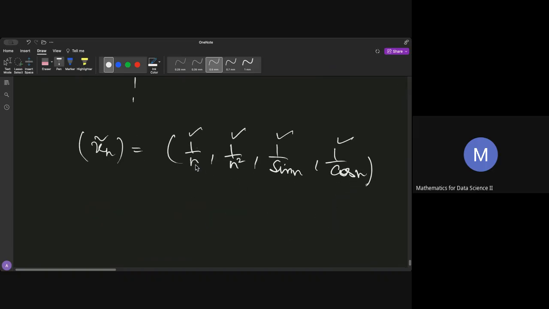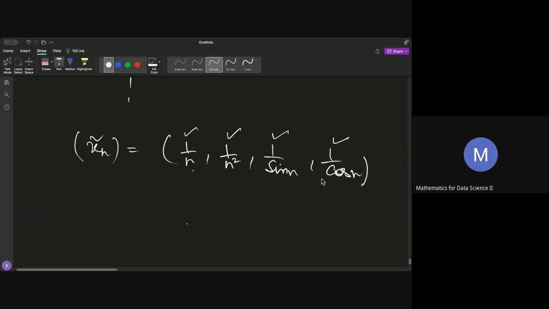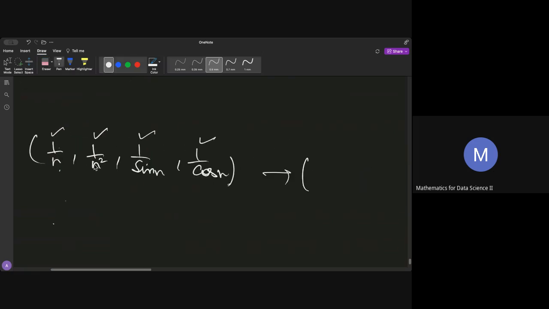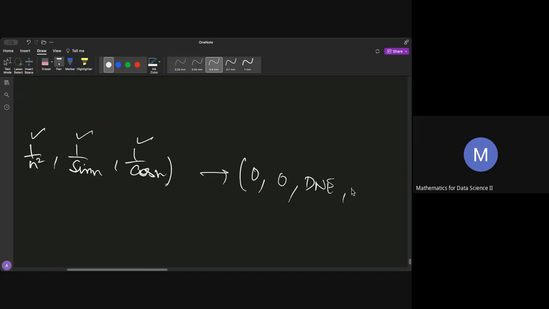The limit of 1 by n is 0, so the first tuple goes to 0, the second also goes to 0. When n tends to infinity, the next one is not defined. It does not exist.